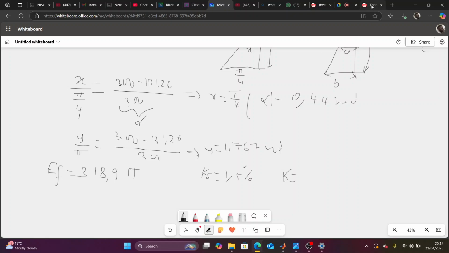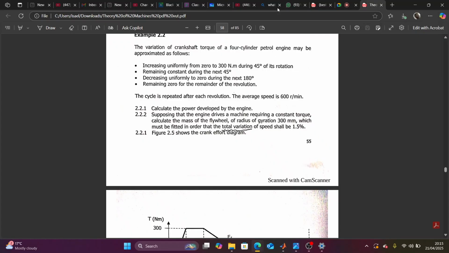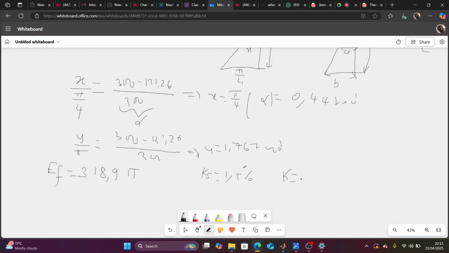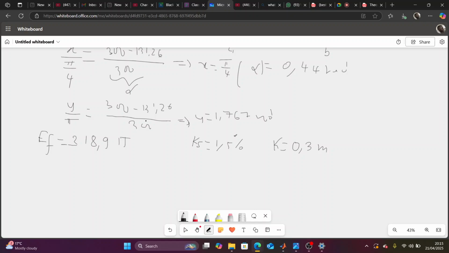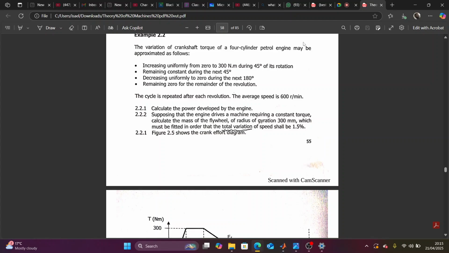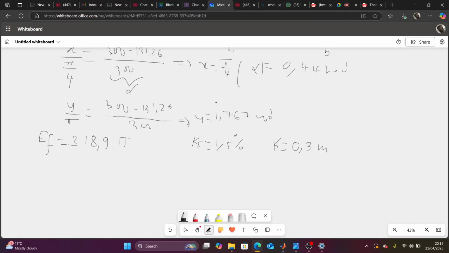We are given the radius of gyration, K. What is radius of gyration again? 300 millimeter. Can I write it in meter, 0.3? Okay, Angela, what do you know about radius of gyration? They said calculate the mass. What is moment of inertia I when we have radius of gyration? It's EF.